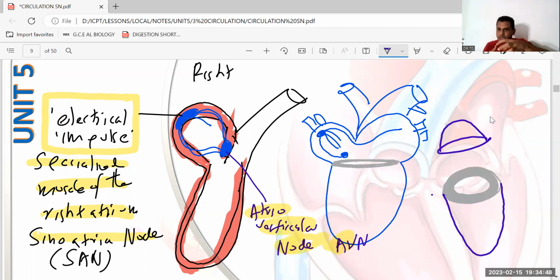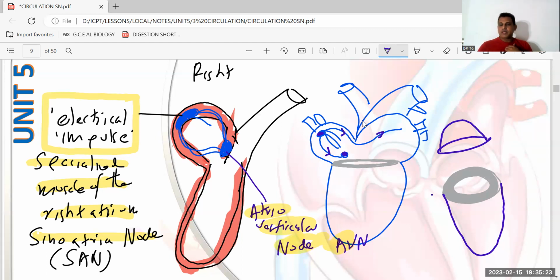So if I separate atrium and ventricle, there is a fibrous ring in the walls of the muscles. This fibrous ring is a non-conducting zone. Non-conducting zone means when an electrical impulse is generated at the SA node, it can go through these fibers, this connection to the AV node, and it can go to this place and this place.